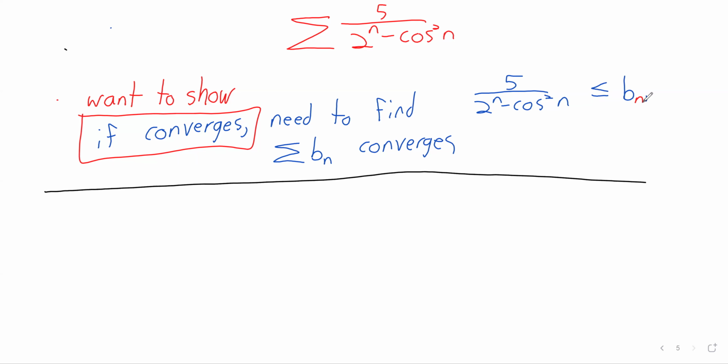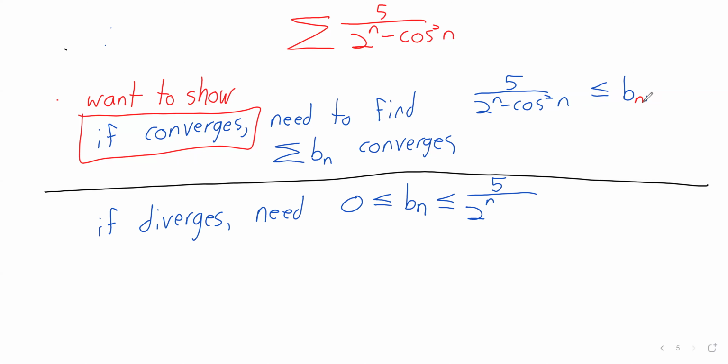And if maybe we think it diverges, maybe this is what we're going to try to show, then we need to find these expressions B sub n that are less than it, such that this smaller series diverges.